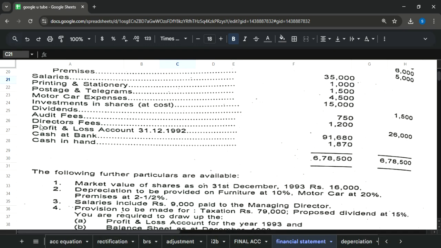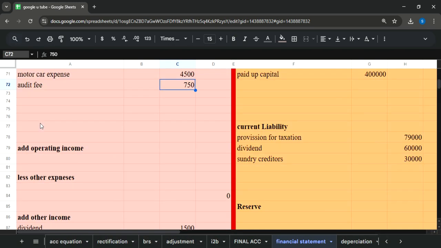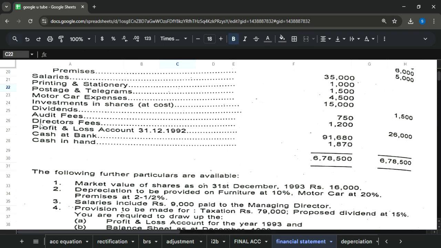After audit fee, we have director fee, again operating expenses. Director fee, and let's see how much amount is 1200, I think. Director fee is over here.